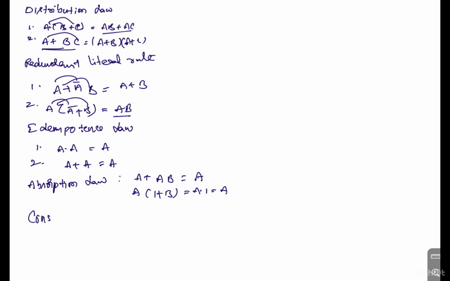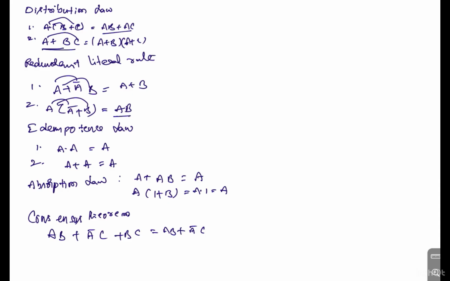Theorem 1 says that AB plus A bar C plus BC equals AB plus A bar C. We need to prove that LHS equals RHS.